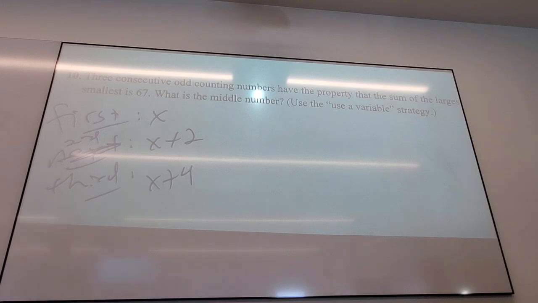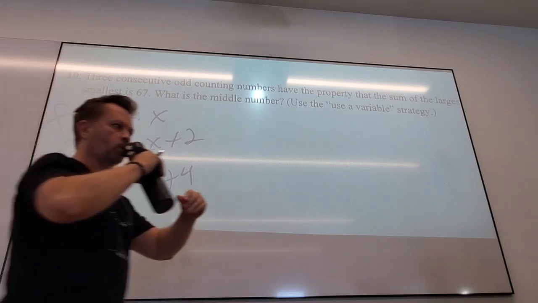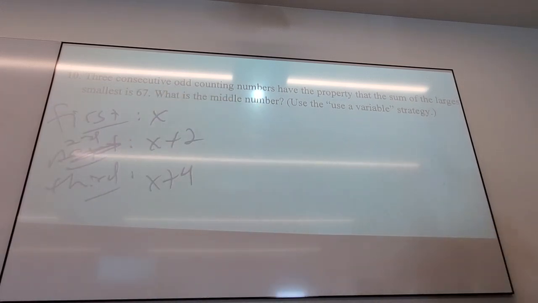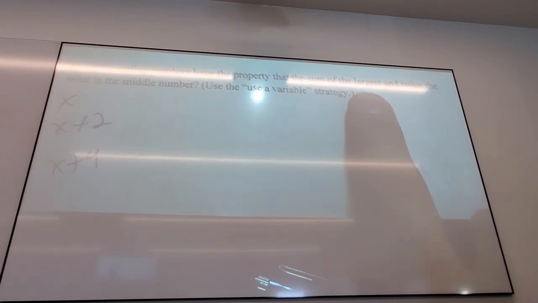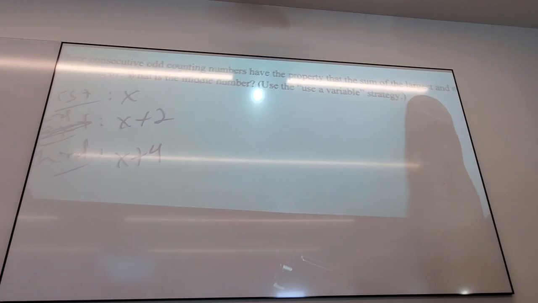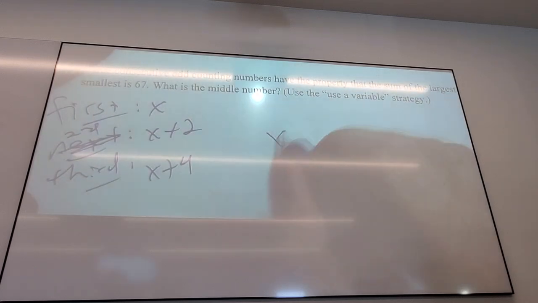Numbers are 1 apart. So what kind of equation can I set up now? In English, it says the sum of the largest. What's the largest one? x plus 4 is the largest one.